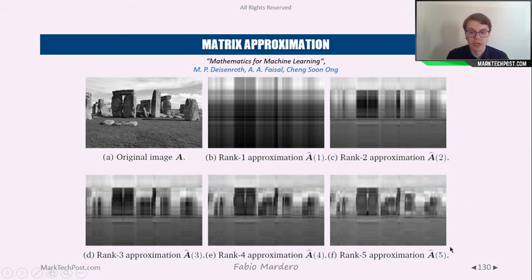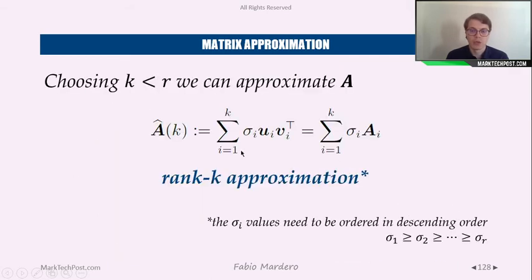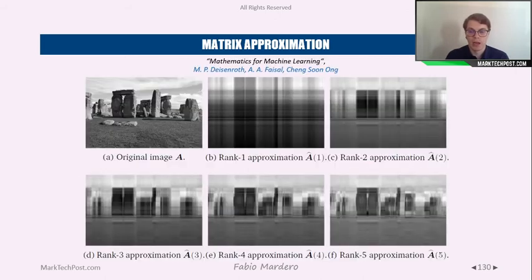And we are using a lot less information in the rank 5 approximation than in the original image. In the original image we have to store each of the pixels. Here we have just to store the sigmas and these vectors, which have a smaller dimension.